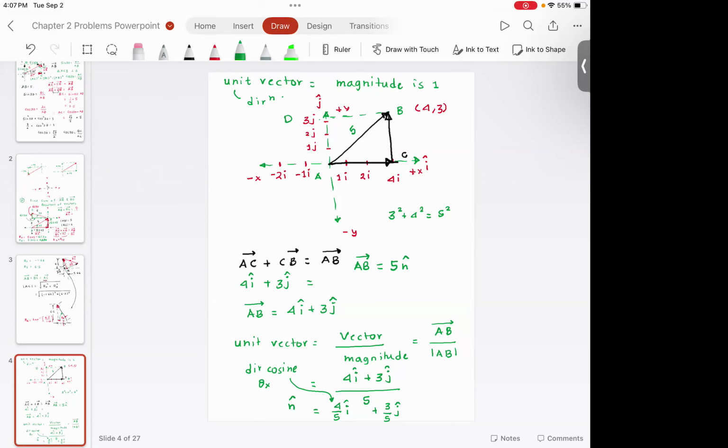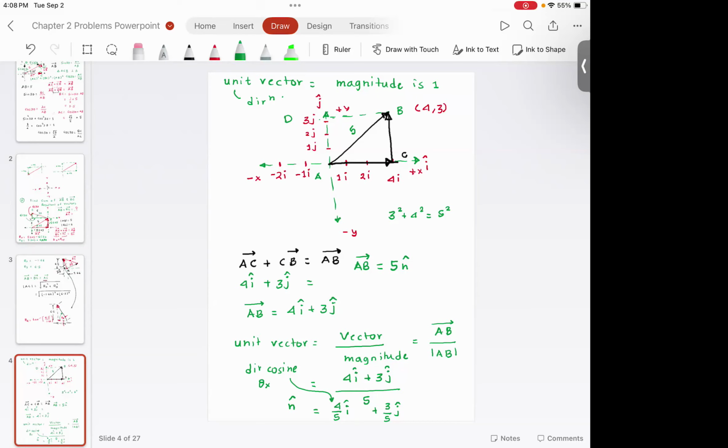Everyone understood this? So what is the unit vector? A unit vector only shows you the direction. Direction means in what orientation you should orient yourself. Once you multiply the unit vector by the magnitude, you get the full vector.